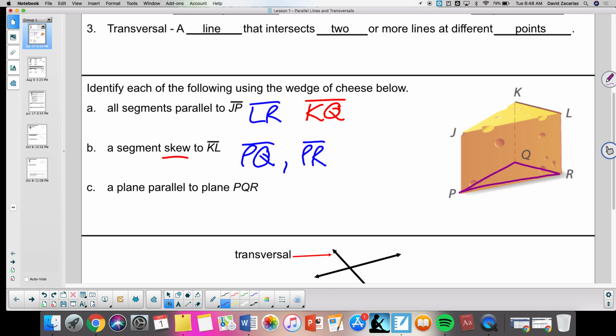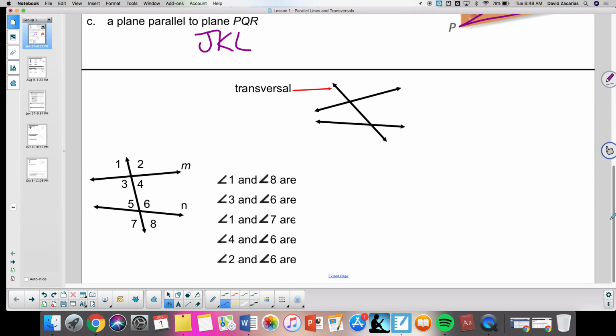So in this case, the plane that would be parallel to that would be the top plane, J, K, L. So understanding parallel meaning it will not intersect. Now parallel lines are coplanar, but it's impossible for parallel planes to be coplanar because they are their own plane. So let's look at this next example.